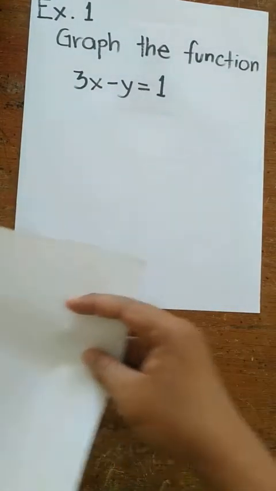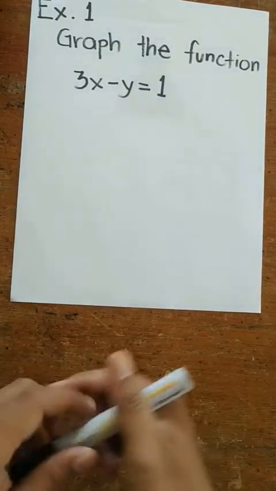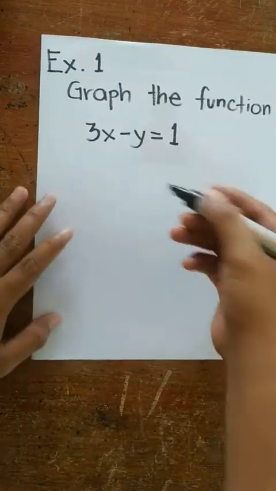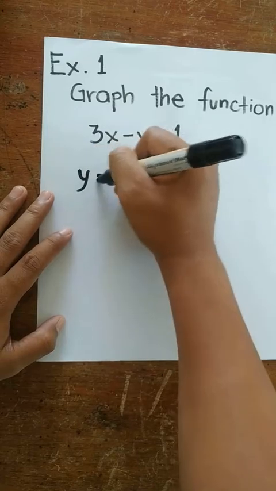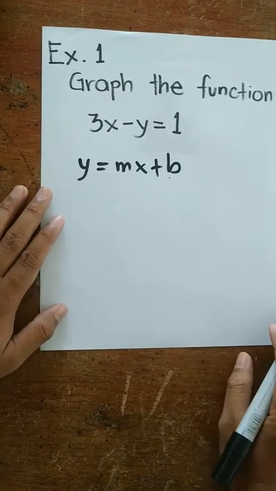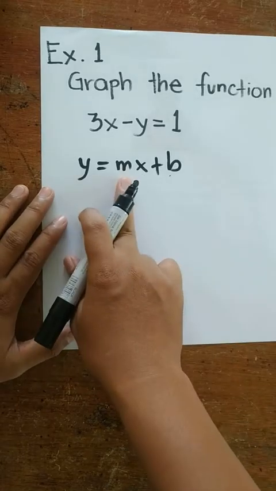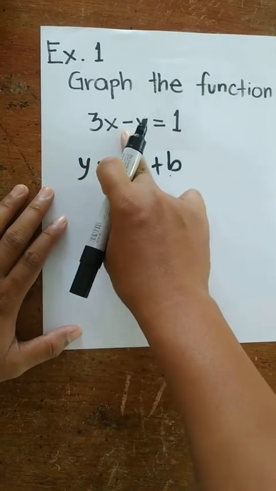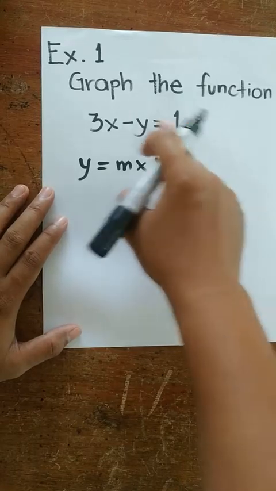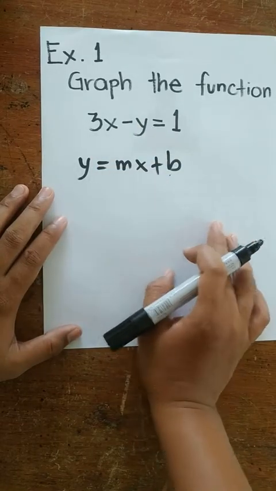Before I can graph that, let us transform this into the slope-intercept form, y equals mx plus b. To make it happen, we need to transfer our y to the right side and the 1 to the left side.